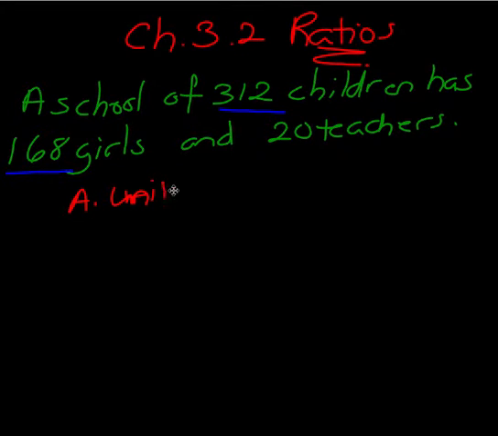A unit rate. We're going to create a unit rate of students, and I'm going to abbreviate students. So students per teachers. Okay. So we want to figure out how many students per teacher we have.